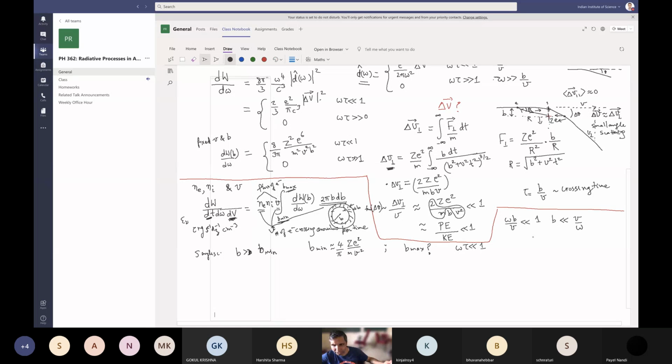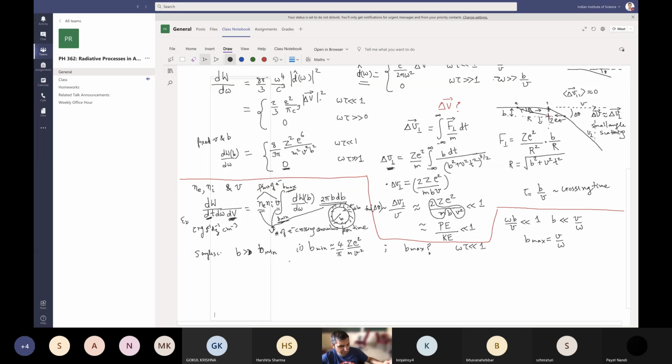So we can actually take B max to be V by omega. This is the cutoff beyond which dW d omega becomes 0. So this is the value of B max. This is one estimate of B min.